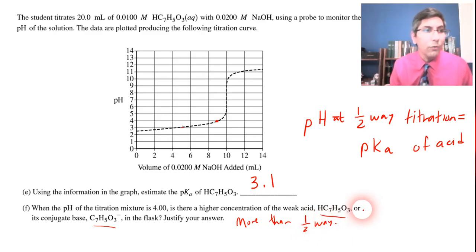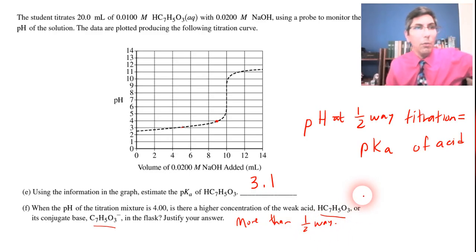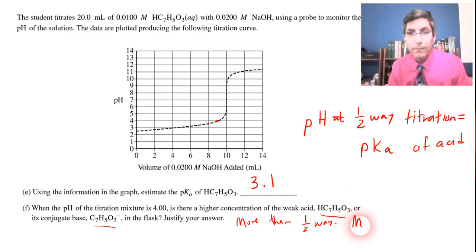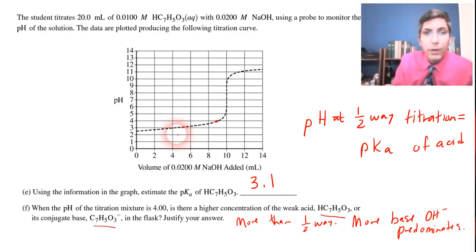So since we are more than halfway, that indicates to me that we've added more than half of the base that's going to be added. So more of the base, which is the hydroxide, predominates, more sodium hydroxide. Now, this is the halfway point, and on the left side of that, it's the acid form that predominates.